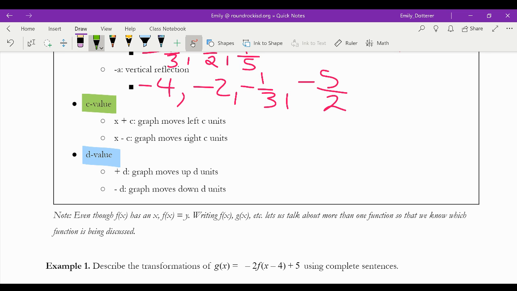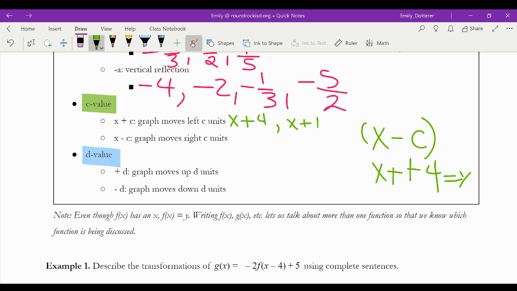The c value is going to move the graph left and right. Because that part of the notation has x minus c, when we have a negative c value and the graph moves left, it's going to have a plus. And that's because when we plug in that negative value, subtracting a negative is the same thing as adding a positive.